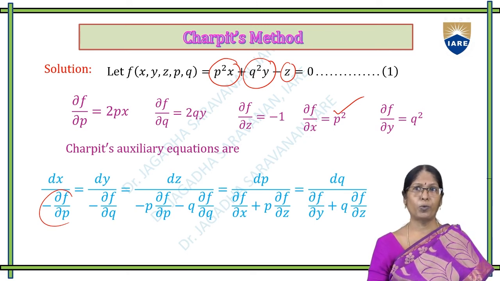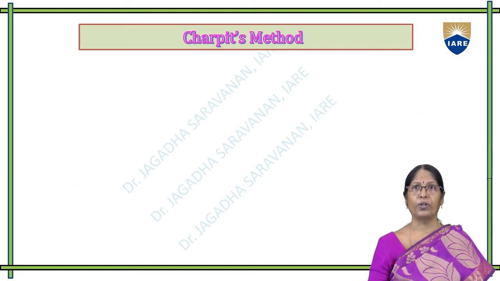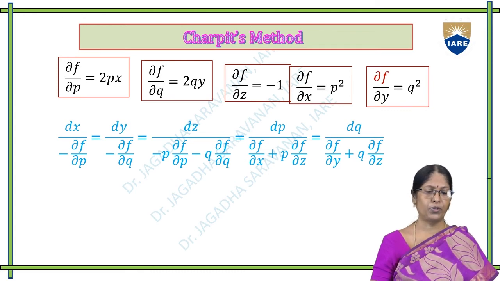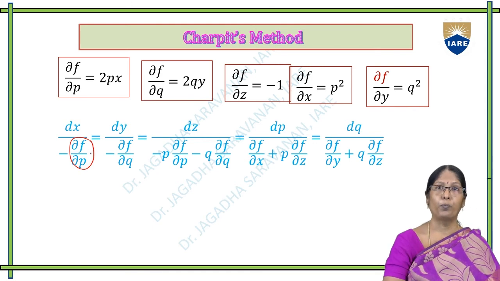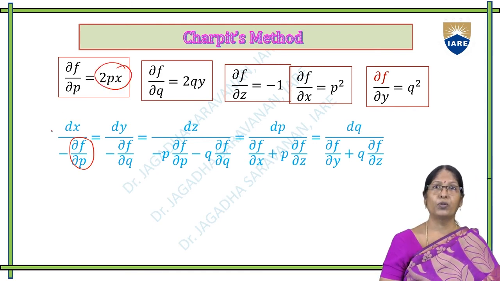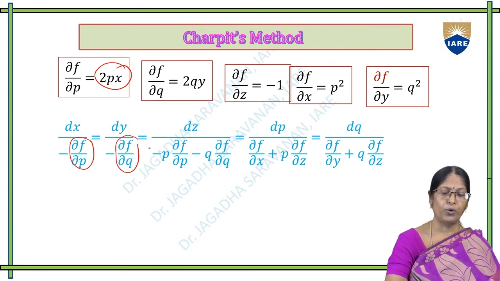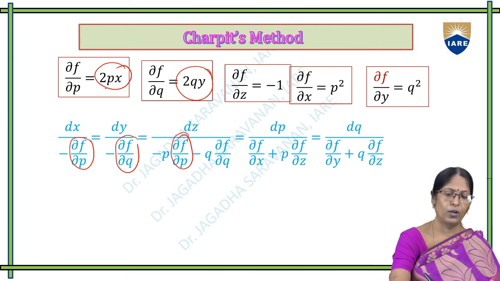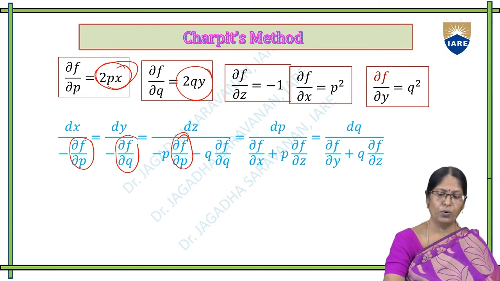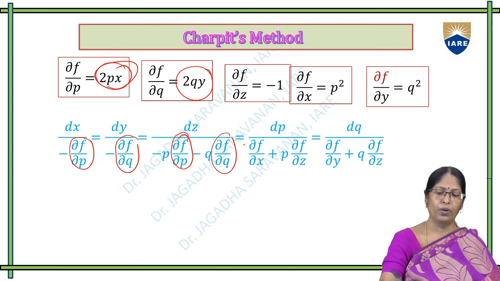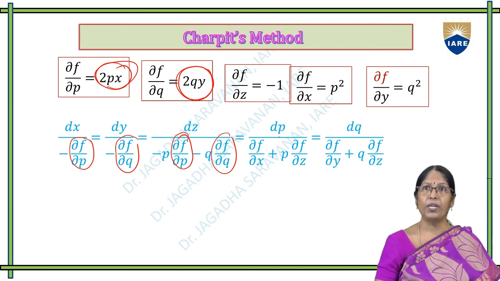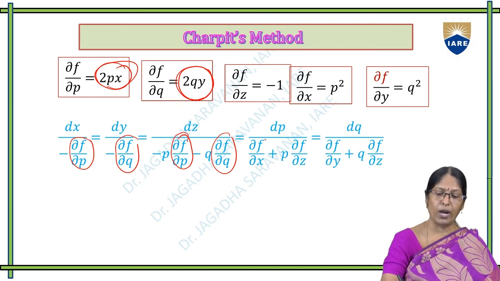So in this Charpit formula, what are the results we obtained? We are going to substitute. So these are the values we obtained. That is, dou f by dou p we are going to replace with 2px. Dou f by dou q we are going to replace with 2qy, and minus p. Here also we replace 2px, minus q dou f by dou q, again we replace 2qy, equal to dp divided by dou f by dou x.